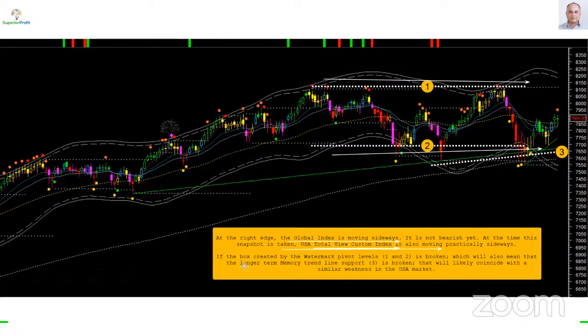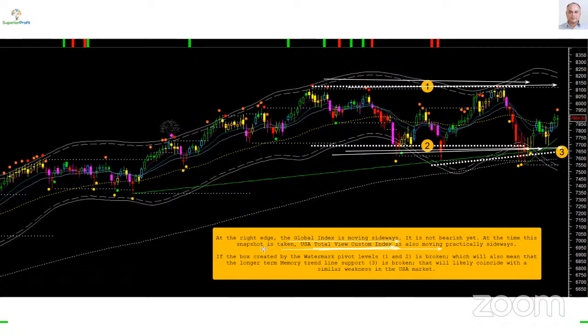Meaning sometimes maybe bigger players are buying small cap, then large cap, then industrial, then tech stocks, then mega cap. But overall, the total view custom index was actually moving sideways, or practically sideways during the period. The global index was also moving sideways.